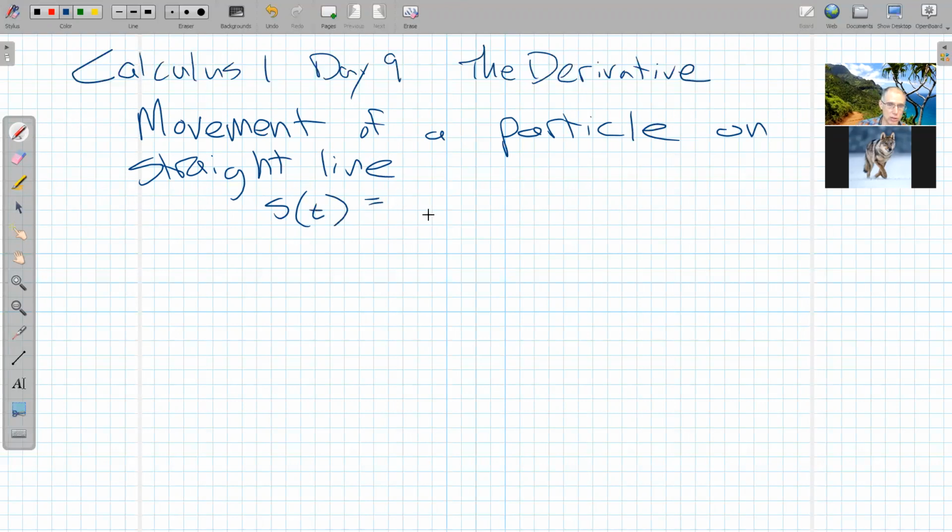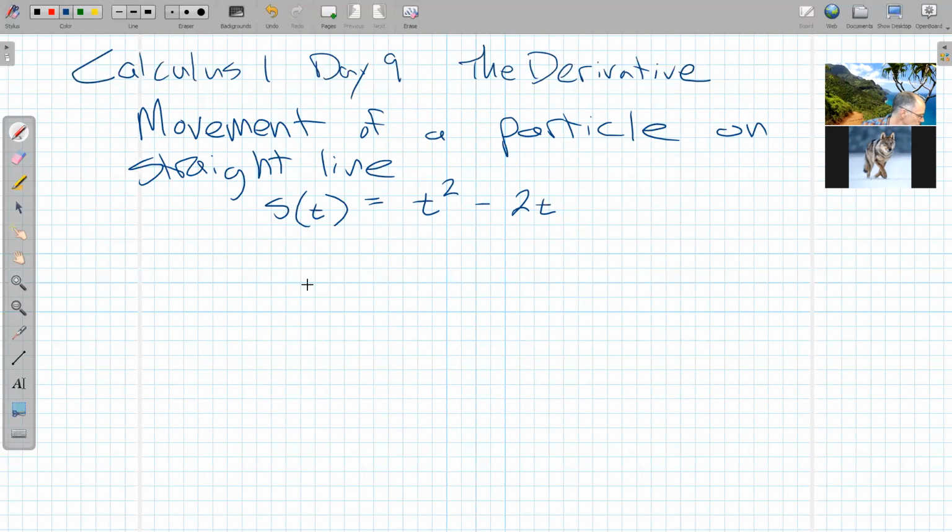And so the expression we're going to use for its movement is S, a common letter for displacement in a physics type situation. It comes from the Greek, which stands for like space between things. And we're going to say it is t squared minus 2t describes the movement on the path.